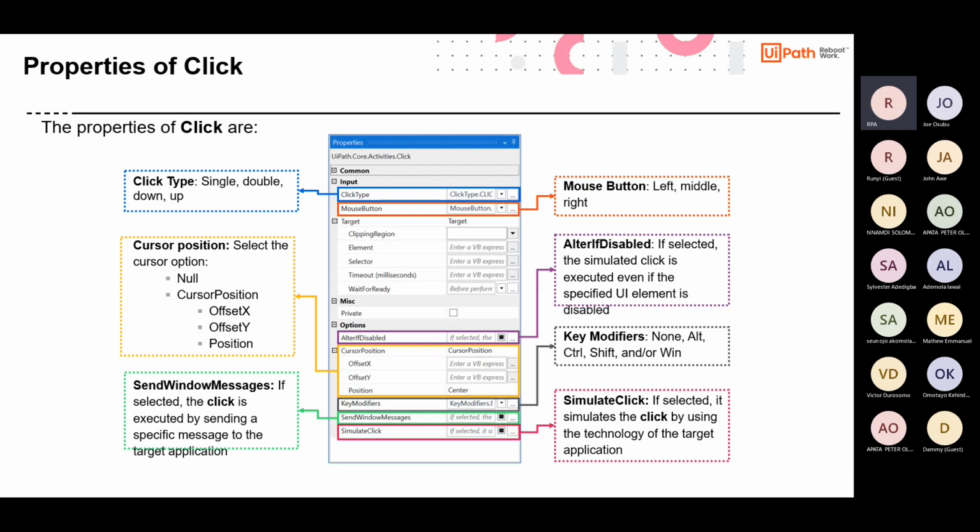Down to key modifiers, all this. Now I want to move to send window messages. If selected, the click is executed by sending a specific message to the target application. So that's about sending window messages.